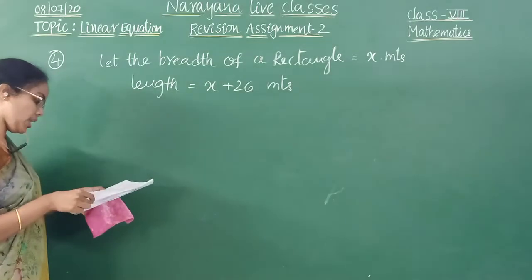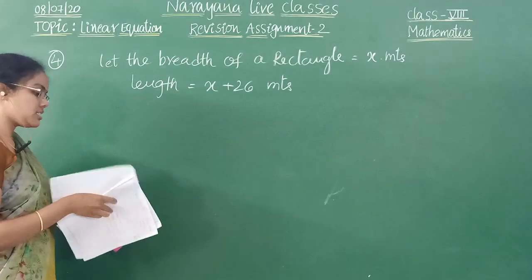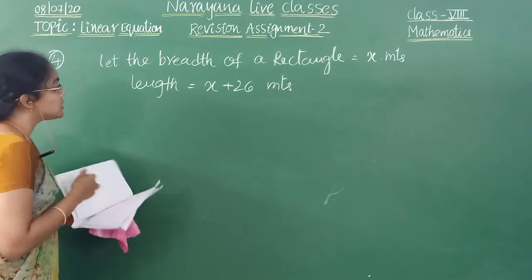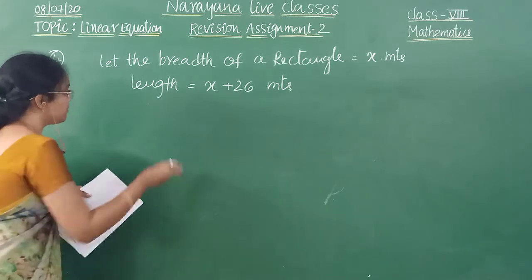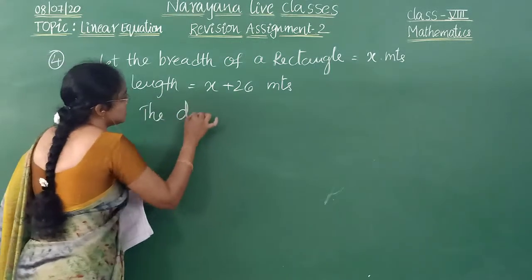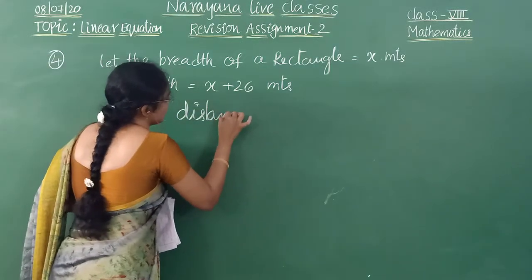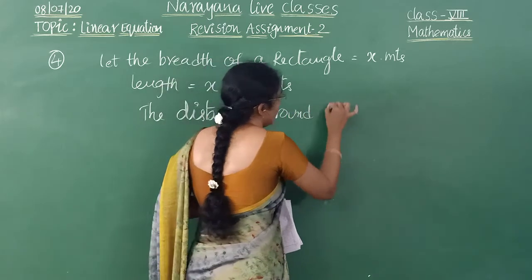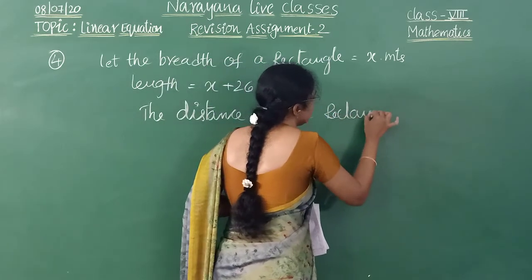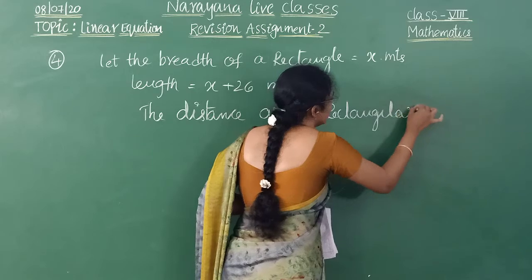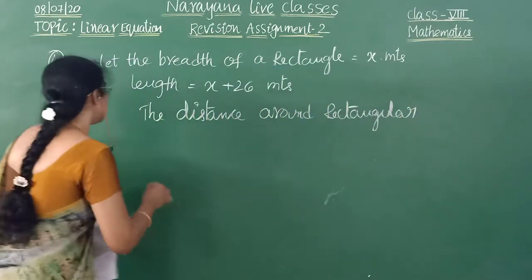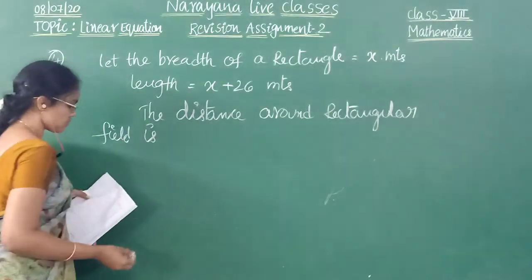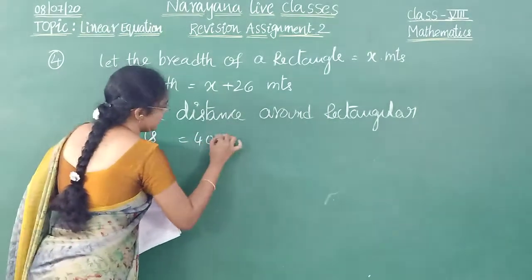The distance around a rectangular field is 400 meters.